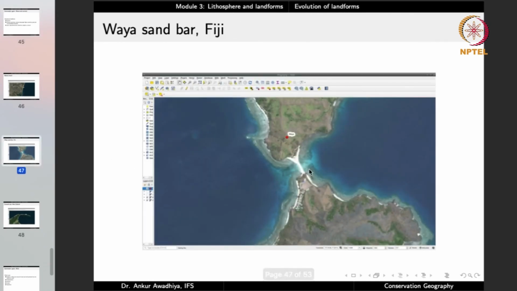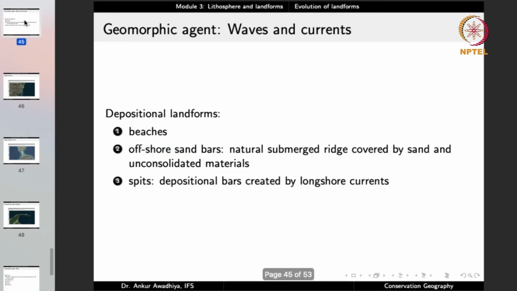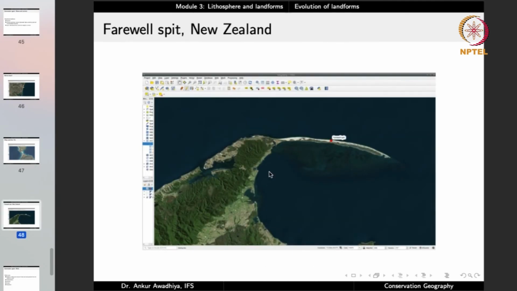Now this is an example of a sandbar. So you have an island here, you have an island here, and in between this is a sandbar. Now this again has been created because the waves have been depositing sand and unconsolidated material in this location. Or you can also have spits, which are depositional bars that are created by longshore currents. This is the example of a spit.